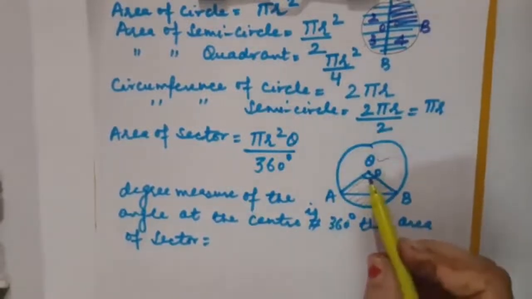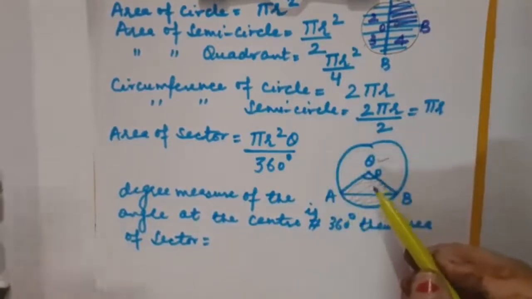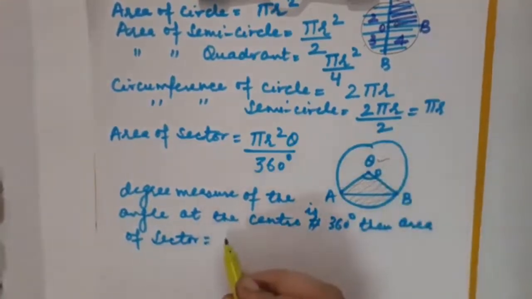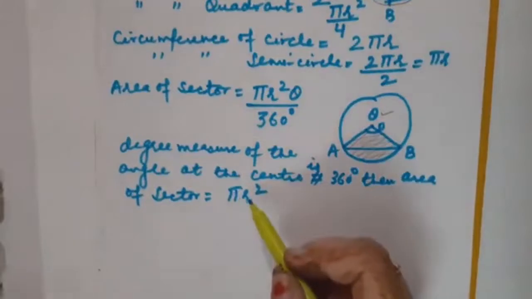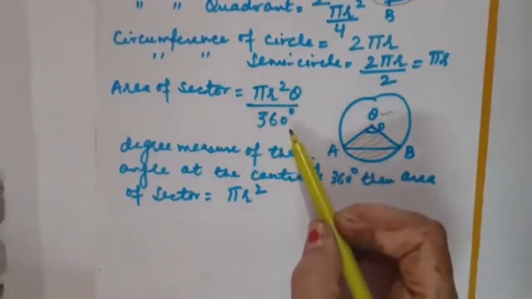If the center angle is 360 degree, then definitely the complete sector will become the complete circle, correct? So in that case, the area of sector will be pi r square, which is the area of the circle. I am taking this so that I can show you how this formula was derived.